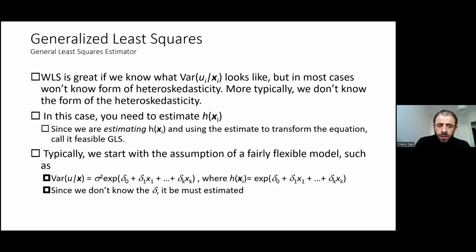And here, what are the weights? The weights are measured by the exponential part. In order to make those weights known, we have to find the values of delta, right?